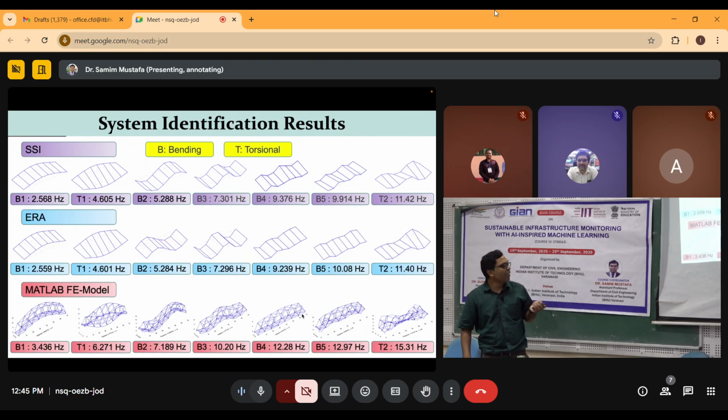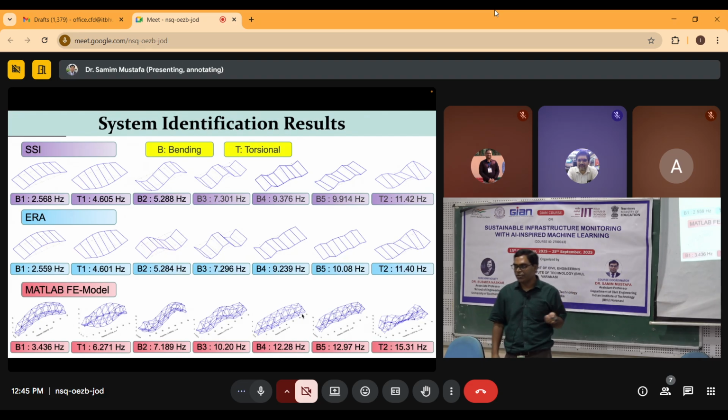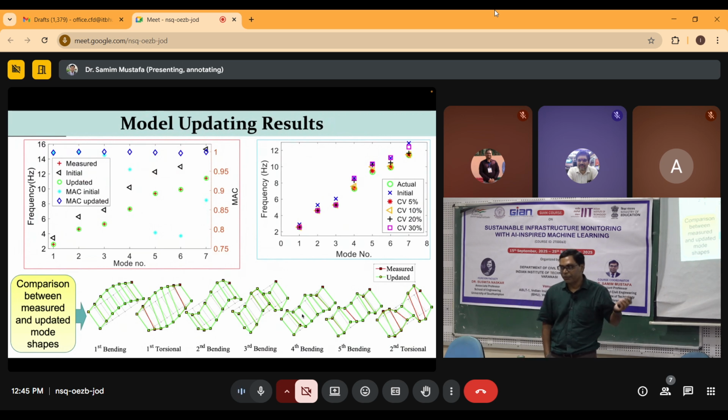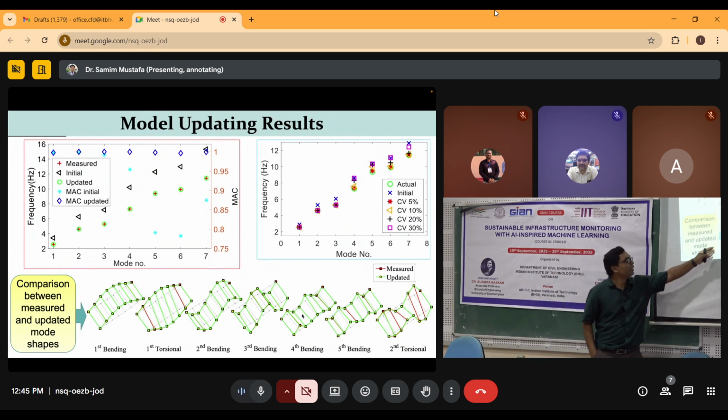So you have to update so that your final model matches the actual response of the structure. You can see the updated mode shape using the Bayesian method. I am not discussing the methodology again because there are lots of equations.